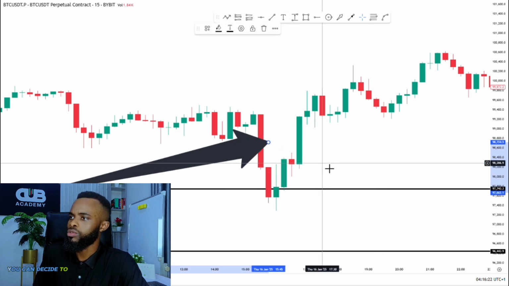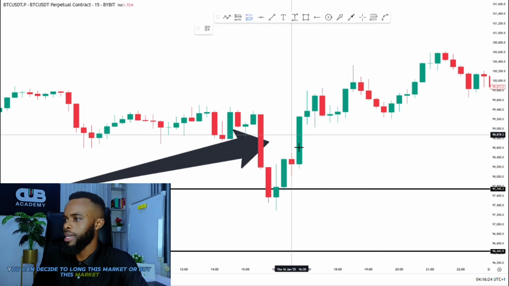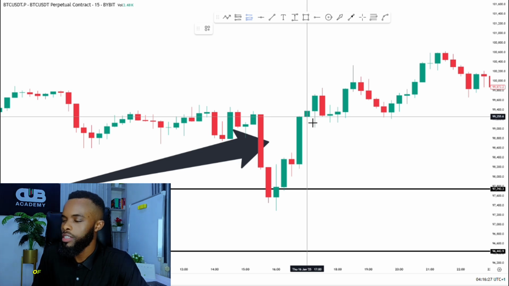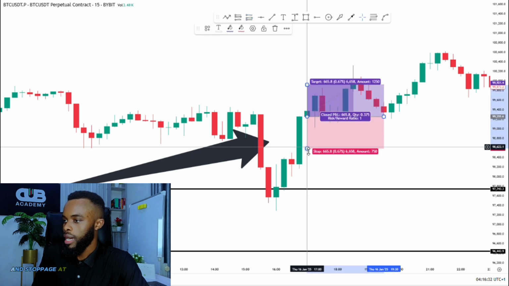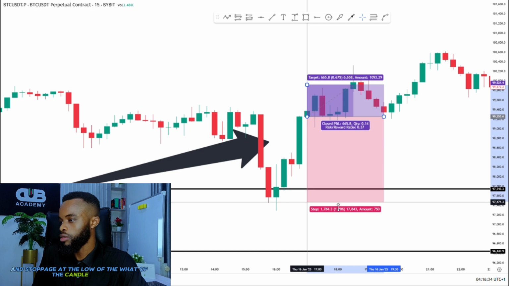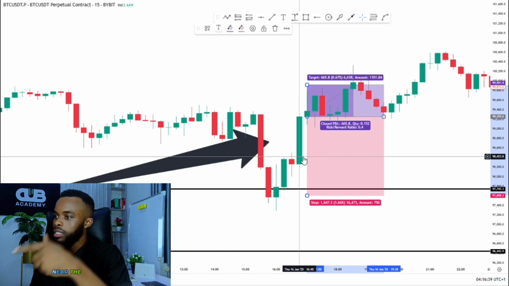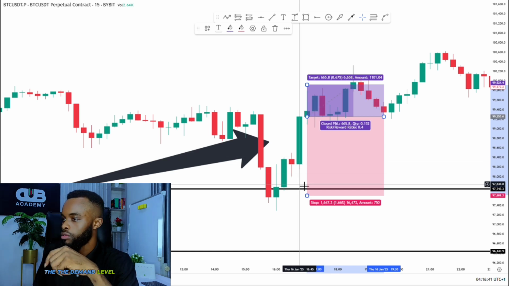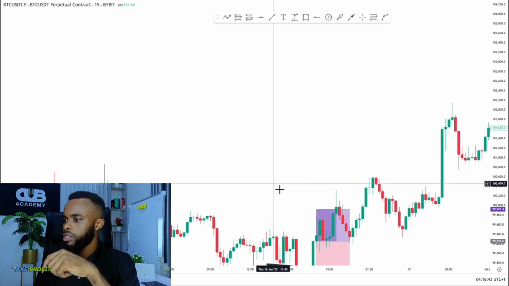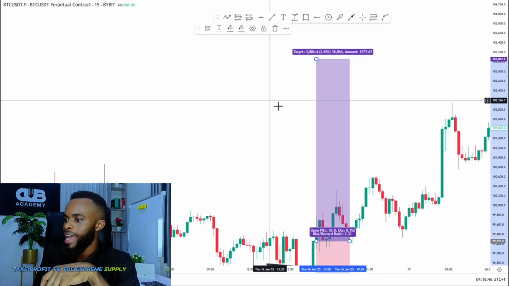So you can decide to long this market at the end of this bullish candle, with a stop loss at the low of the candle, which is near the demand level.